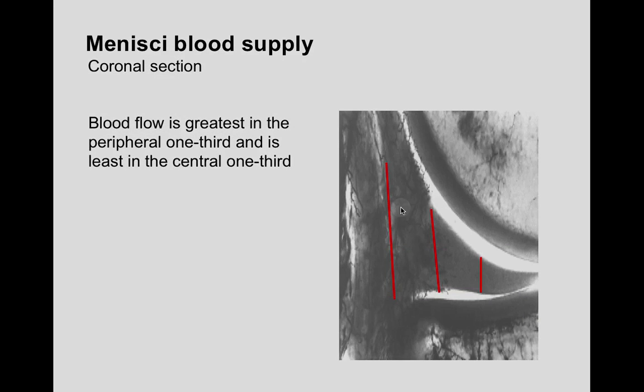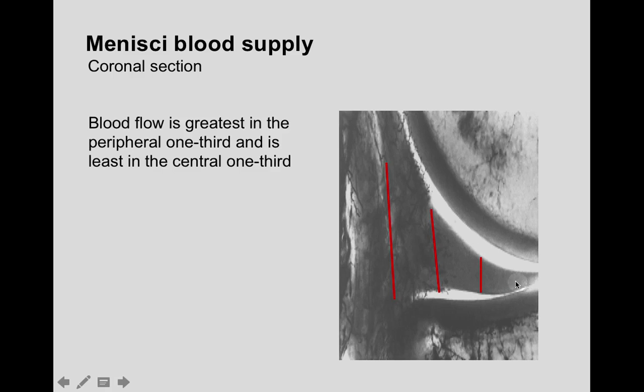So this is a coronal section through the meniscus. Here we can see the meniscus coming into the joint. This is the femur. This is the tibia. And the blood flow follows a 1/3 rule within the meniscus, with the blood flow being the greatest in the peripheral 1/3, intermediate in the intermediate 1/3, and least in the central 1/3.